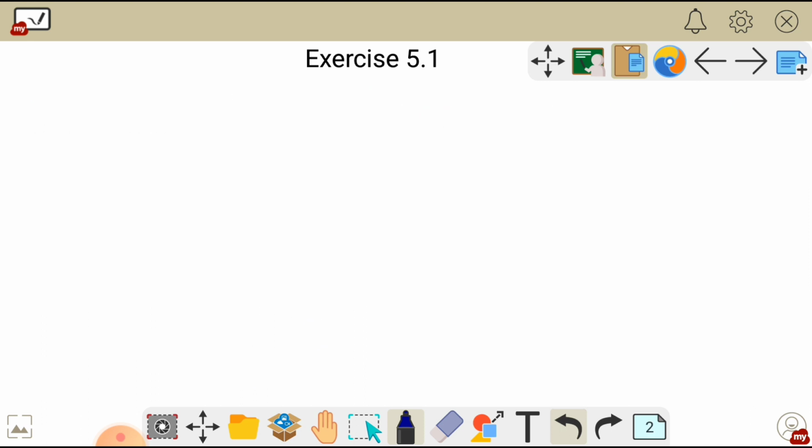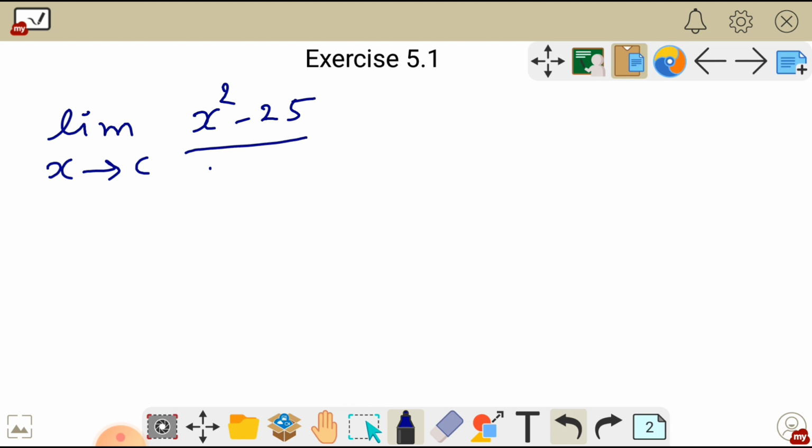So let me write here limit x tends to c. What is our function? Our function is x square minus 25 upon x plus 5, which is equal to limit x tends to c.